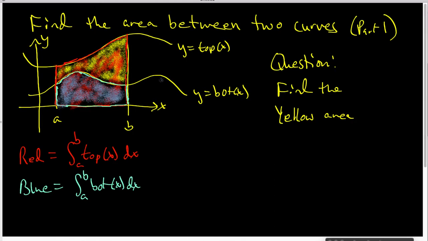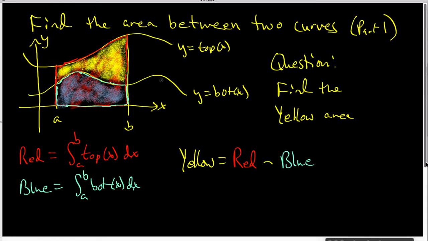And now if I go back and I think really hard about that yellow area, which I am now coloring in yet again, that yellow area is the red area minus the blue area. The yellow area is clearly the red area minus the blue area.